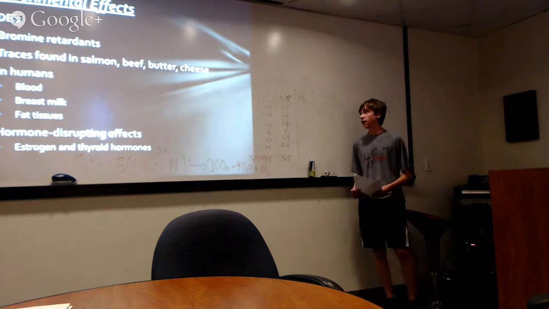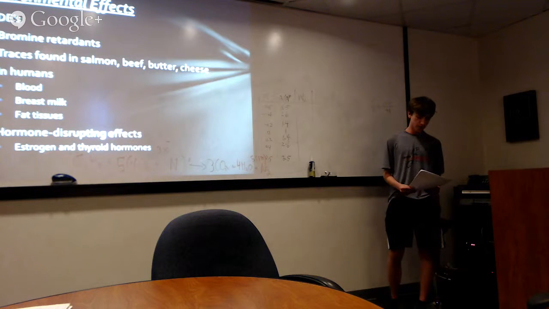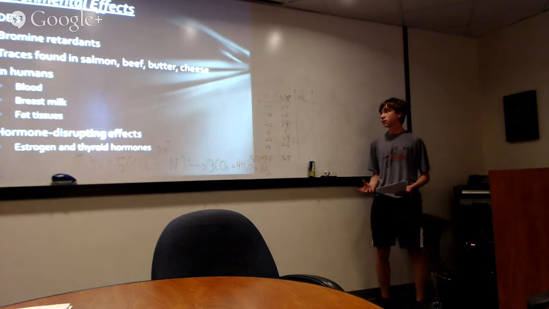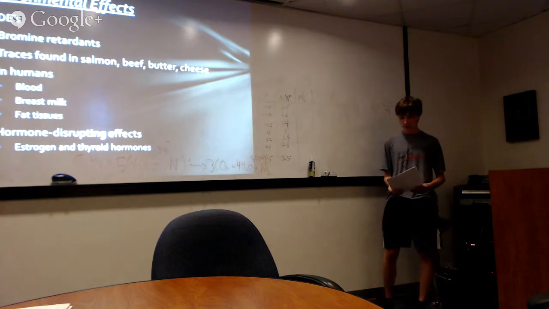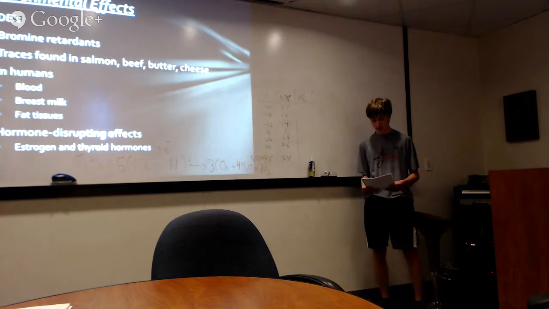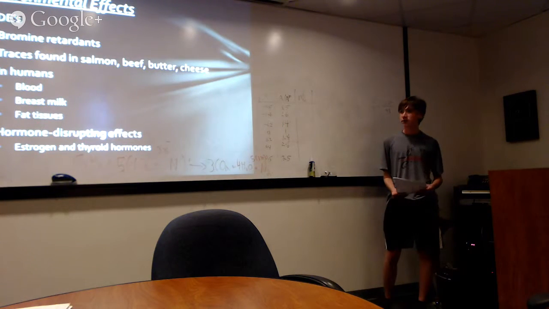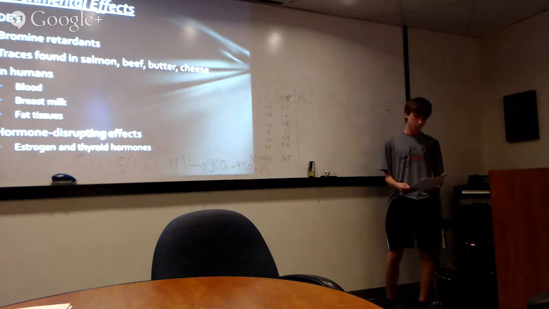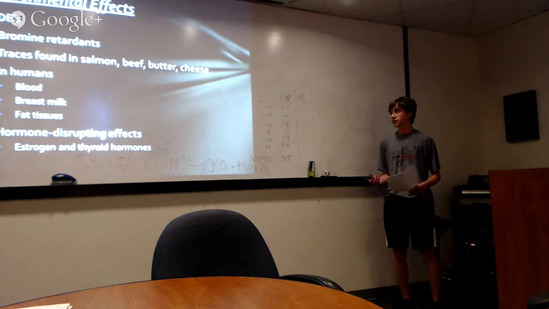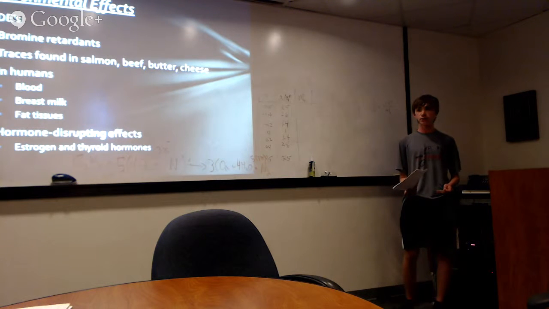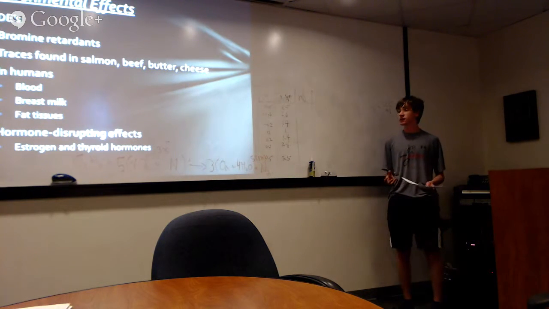So there are environmental effects with flame retardants. The biggest ones are called PBDEs, which is polybrominated diphenyl ethers. They're made of bromine. They're dangerous because they're very slow to degrade. They don't break up very easily. And many have been found in salmon, beef, butter, and cheese, which I find interesting, that's kind of like farm-raised stuff.